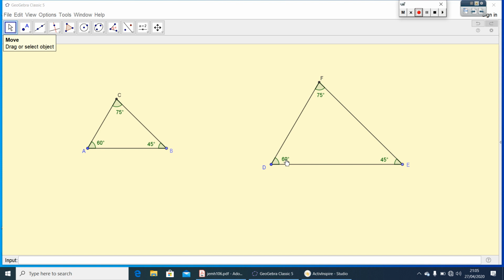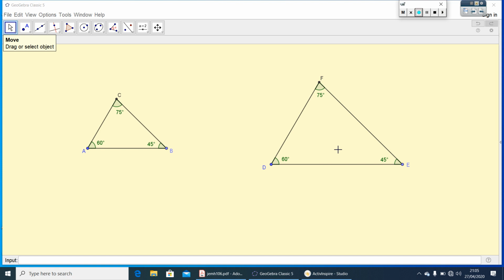Angle D is equal to 60, angle E 45 degrees and angle F 75 degrees. That means in these two triangles, angle A is equal to angle D, angle B is equal to angle E, angle C is equal to angle F. So we can say the corresponding angles are equal.